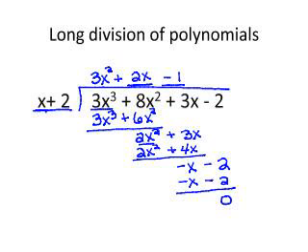And what that means, if you have a remainder of 0, is that the quotient and the divisor are factors of the dividend.